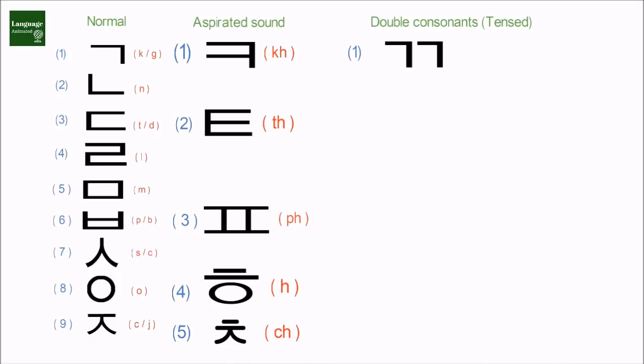K. Remember, the first one was K, the second one was K, and the third one is K. It's tensed, you know, it's a tensed sound.